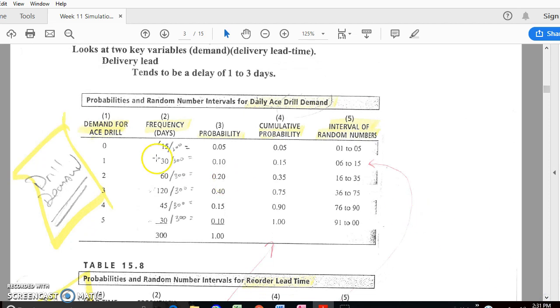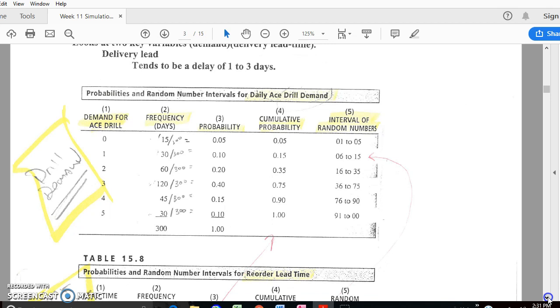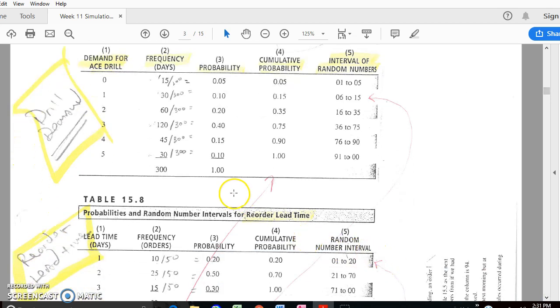That is to take drill demand as one distribution, and the other one, our reorder lead time, is our second probability distribution. And by integrating these, we can work effectively to see how they play out, and we can simulate, in this situation, a rather simplistic example.